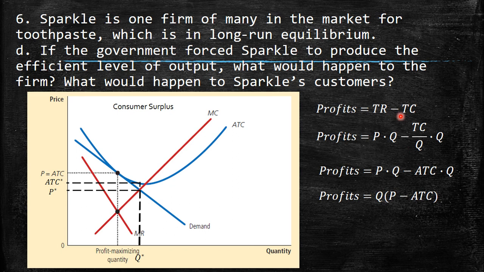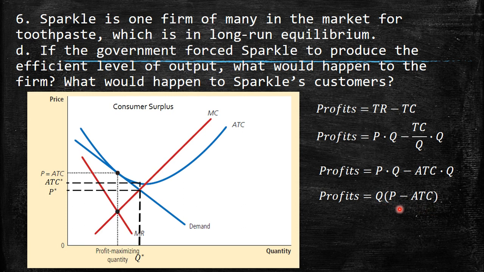We can put it over Q, but multiply by Q, so we are not affecting the equation. Then the total cost over Q, by definition, is the average total cost. So here we have Q and Q, and we can collect the terms. At the end, we have this expression. This is another way to express the profits: the quantity times the price minus average total cost.